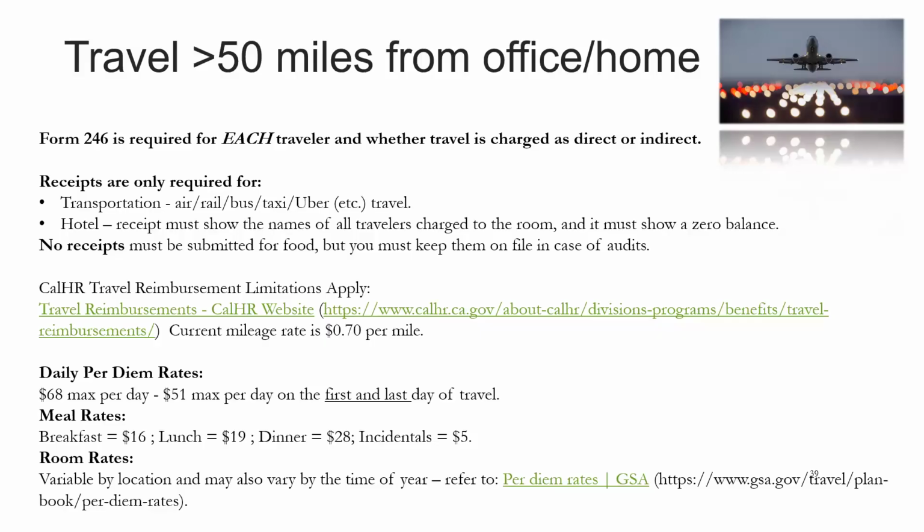So your total per diem consists of those 4 different kinds of charges, and you can charge up to those maximums for those items. Be sure to keep all of your receipts for all of that. You don't need to turn them into us for meals, but you need to have them on file in case audit asks for them.